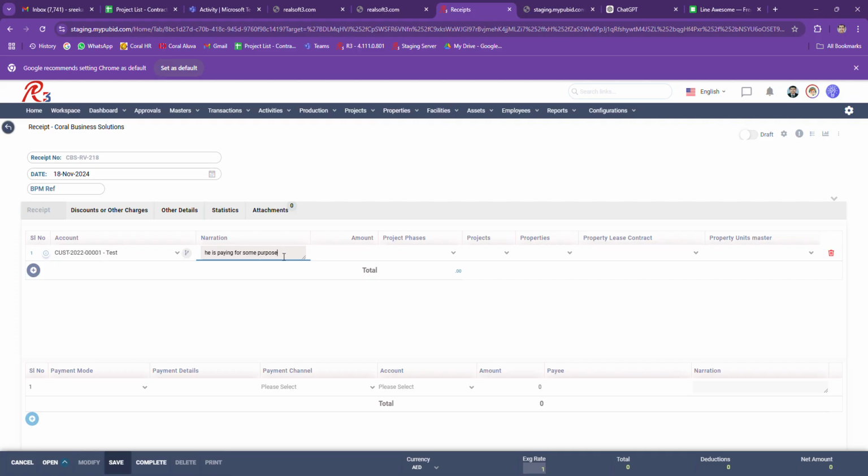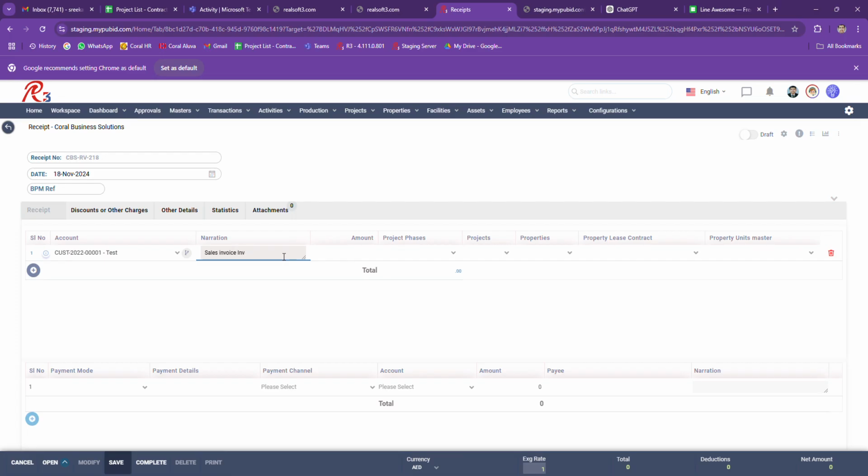Maybe against the sales you can write like this, sales invoice. Okay. Narration can be anything, but good narration is a good practice of a good accountant. Understood, no? It's a good practice to give a valuable reason in this narration.